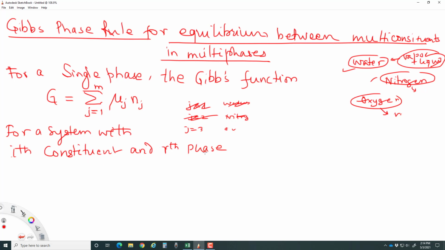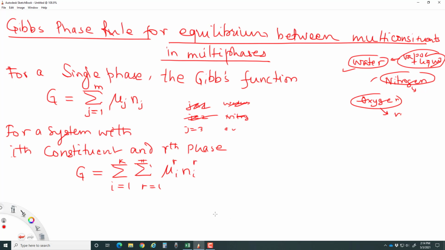In that case, the Gibbs function is given by G is the sum over all the constituents, so i goes from 1 to k, and the sum over all the phases, say gamma goes from 1 to pi. Pi here is not 3.14, it's just the symbol for the number of phases. So mu i gamma times n i gamma.